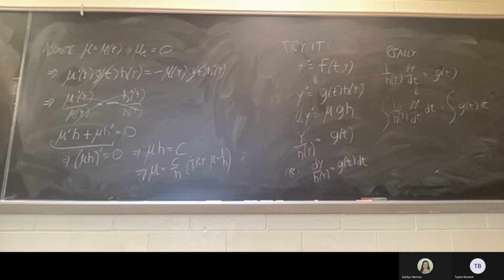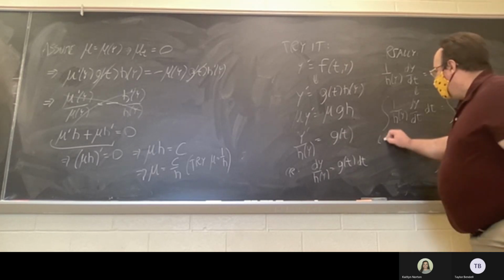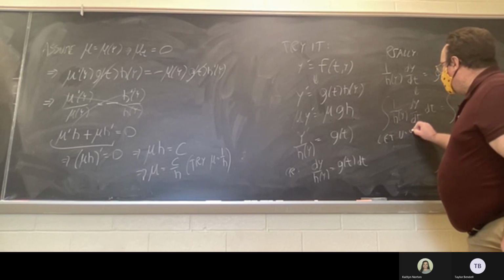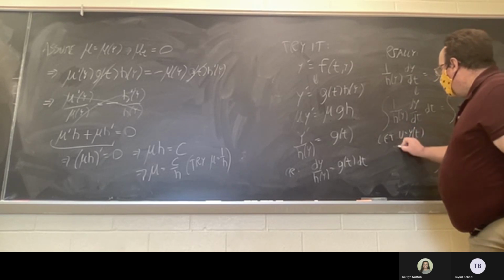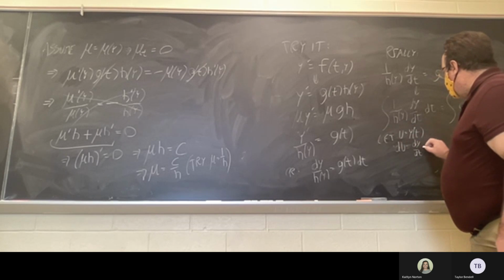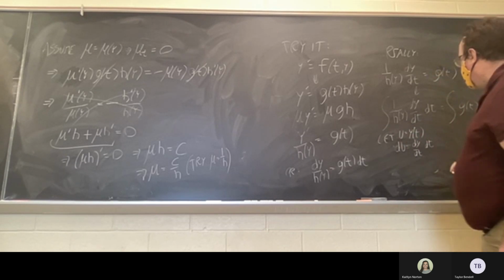But then, what can you do with the integral on the left? The dt's cancel. You can think of it that way, or more properly, use substitution. So if I let u equal y of t, then du is equal to dy over dt.